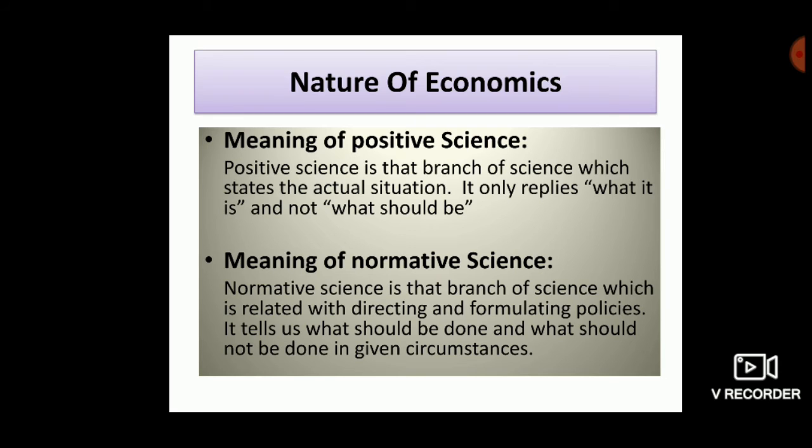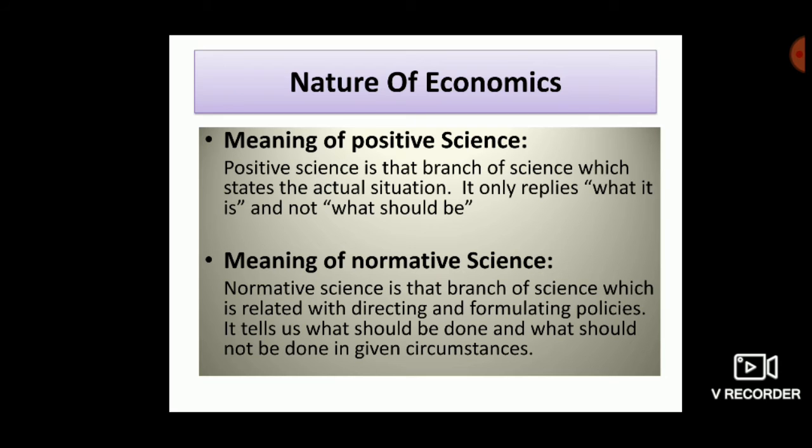But economics as a normative science. Positive science and normative science both are branches of science. But the view of positive science is what it is and not what it should be.